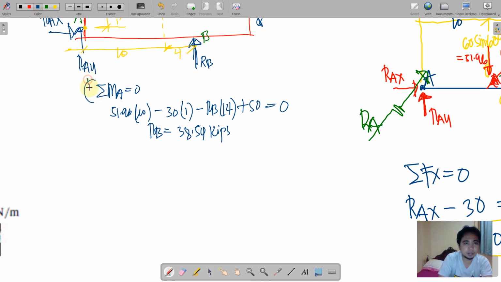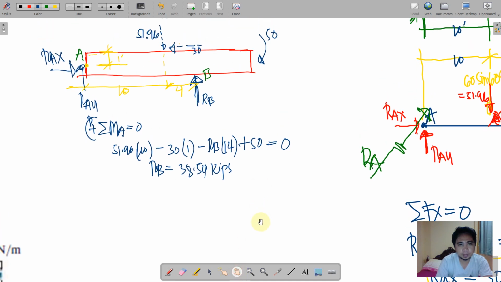For the other support, we will have summation moments at B. Summation moments at B is equal to 0. So at B, we have here, ito na tayo, itong 30 will have now a rotation from B. So ilan yan?